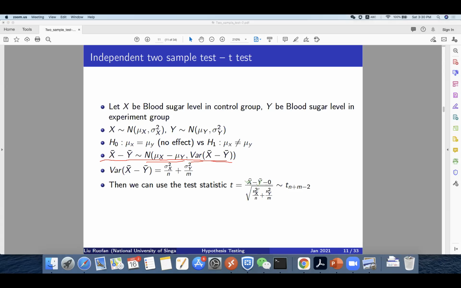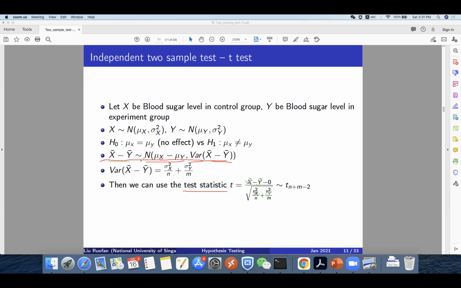Okay, we understand. So the rule is that as long as a variable conforms to the normal distribution, we can use the t-test statistic to do the job.